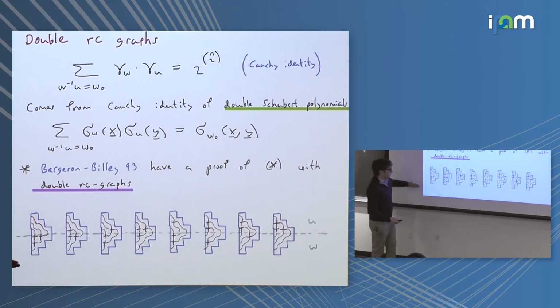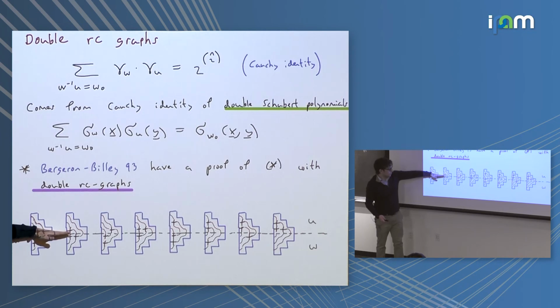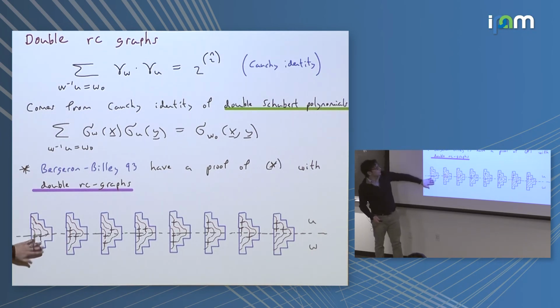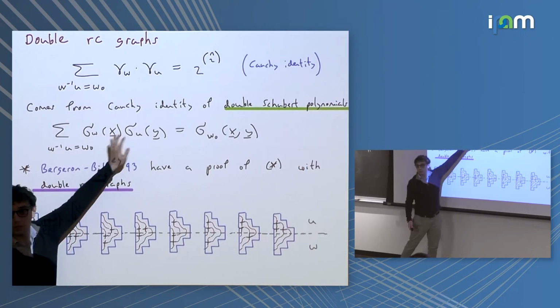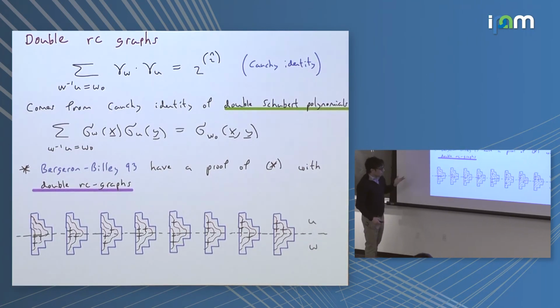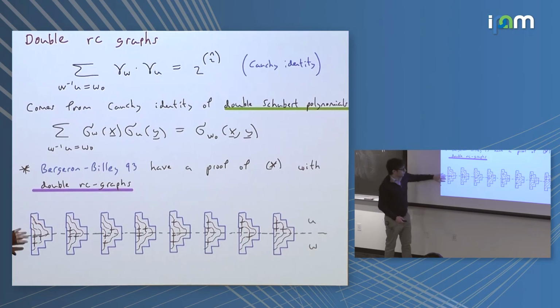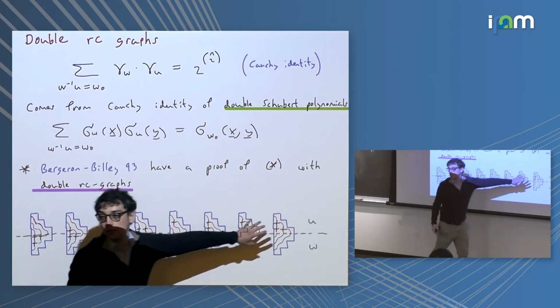If you look at the bottom part, you get W, and if you look at the top part, you get U. Moreover, there's a way to get all double RC graphs of a permutation by starting with an initial configuration and doing 2 moves, and you can get to every other one.